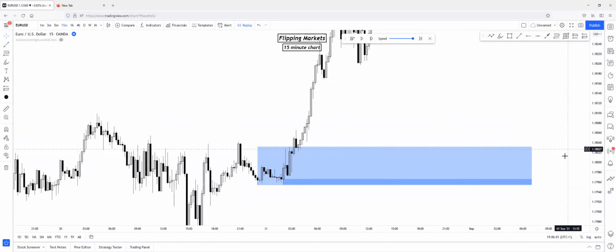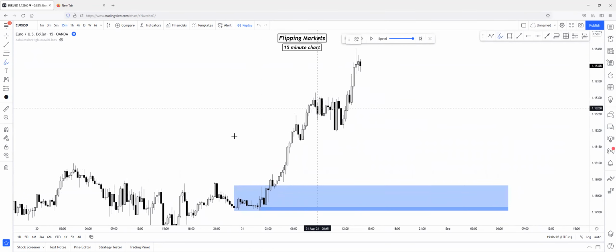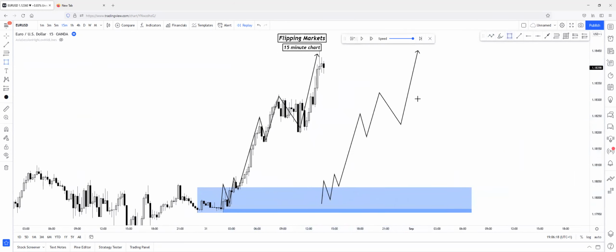Okay. So as you can see on the 15-minute chart, the structure looks like this, creating a series of higher highs and higher lows, creating demand zones over and over again. I will just move it here. You can see it's creating demand zones, respecting demand zones, and creating a series of higher highs and higher lows.